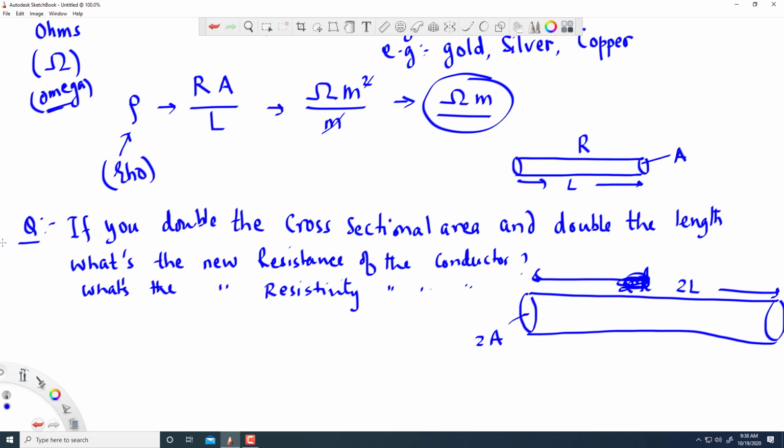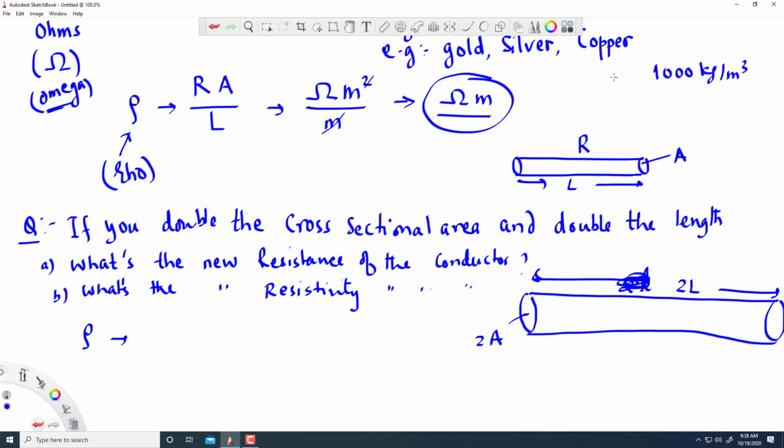So let's answer the second one first. Resistivity is the intrinsic property of a material. No matter how small or big the object is, its value is always the same. Just like density. The density of water is 1000 kilograms per meter cubed.